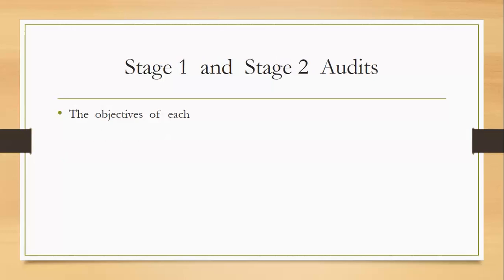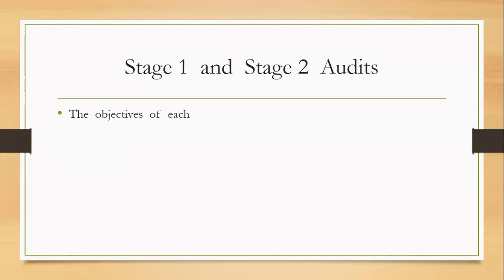Then I want to talk about stage one and stage two audit. So the audit itself is broken into two. Stage one audit is also called a readiness audit. It's basically a review of your documentation, the mandatory documentation for the implementation. That's what we do in stage one audit. Stage two audit is where we check the effectiveness, the implementation proper.